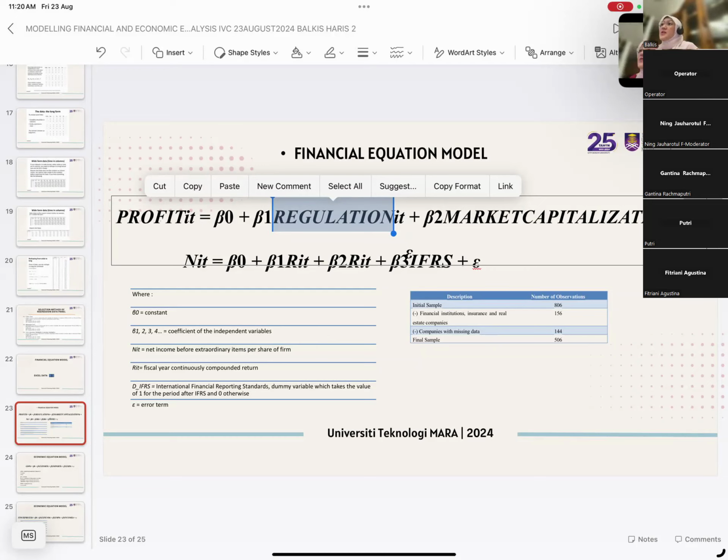The effectiveness of the new regulation imposed by the central bank can be measured using the dummy variable, because the regulation is 0 before the new regulation imposed, which is pre, and 1 after the new regulation imposed. 1 is after the new regulation imposed, 0 is pre or before.